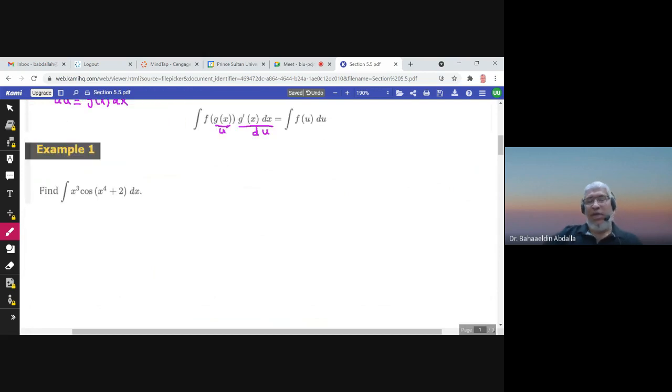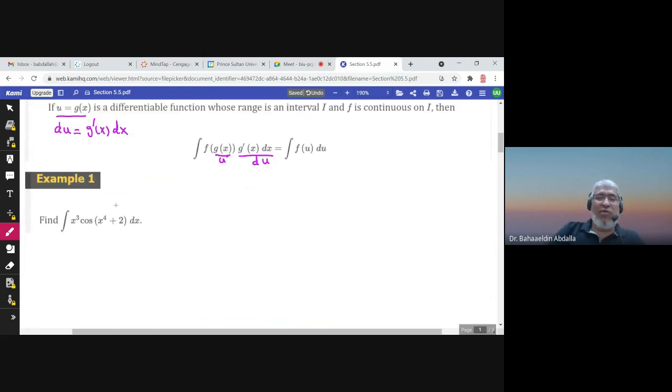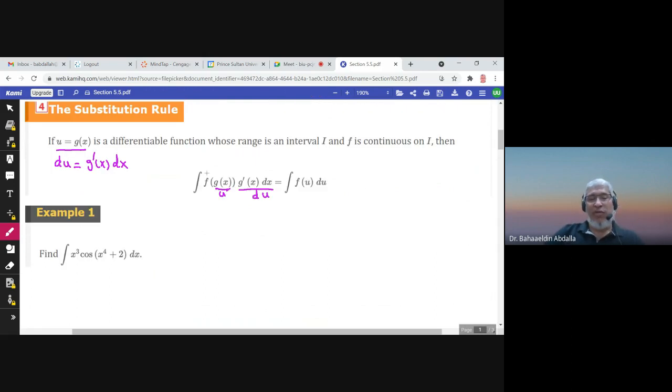Look at this example. So try to find where is f, okay? Usually I need to take g of x as u. So where is g of x here? Look carefully at the integral. It should be inside a function, f of g of x. It's inside a function.